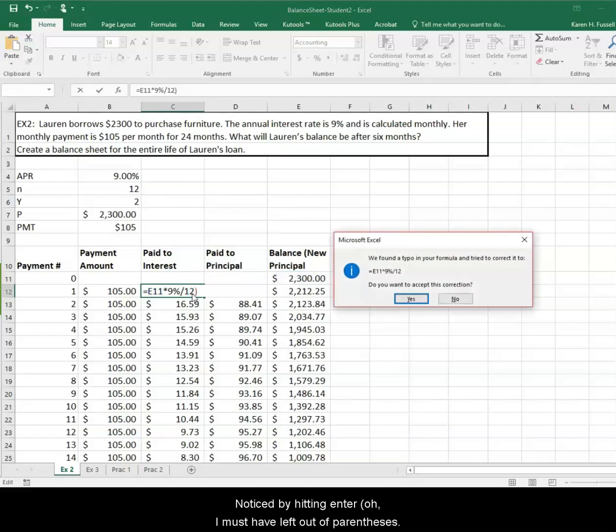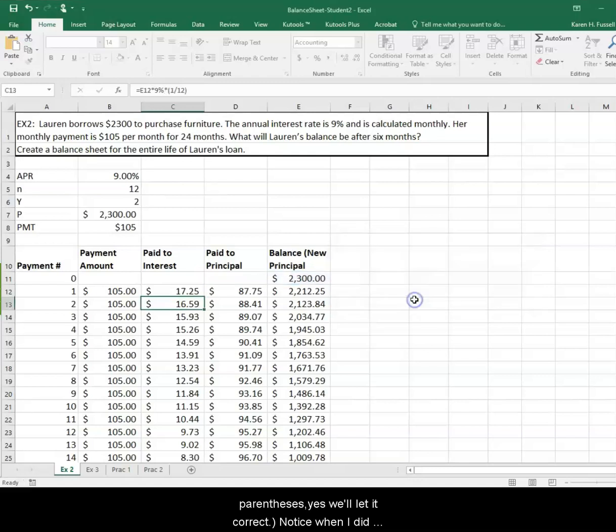Notice if I hit enter, oh, I must have left out a parentheses. Oh, I have an extra parentheses. So yes, we'll let it correct. Notice when I did that, I still got the same amount. Okay, so it doesn't matter if you type it as divided by 12 or if you type it as parentheses 1 divided by 12. You get the same answer.